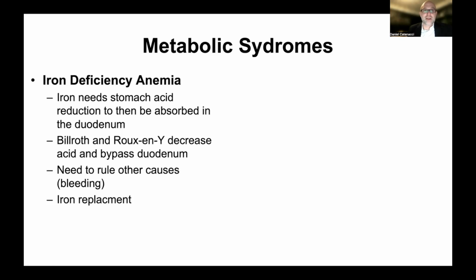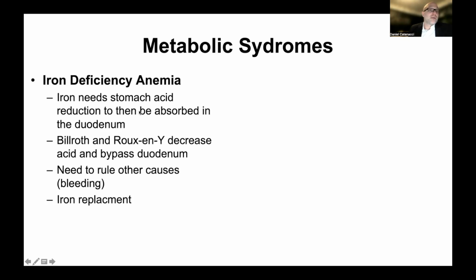But now what we're talking about is after your surgery, factors are changed. And so your stomach is not as acidic, especially if it's the far end of the stomach that's been removed, the antrum and pylorus. And so iron needs acid to help be absorbed in the first part of the small bowel called the duodenum.